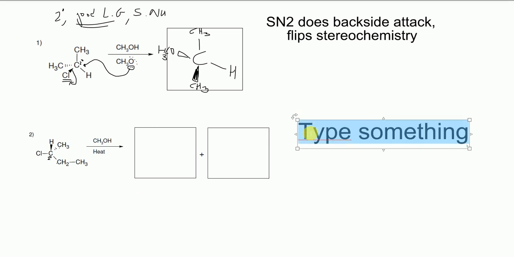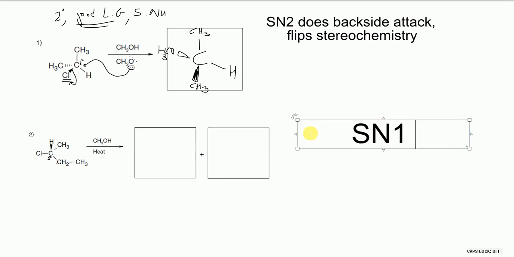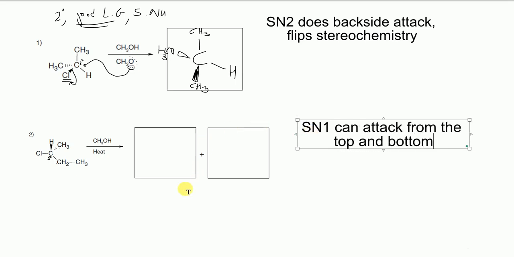SN1 can attack from the top and bottom, okay? And what that means is once we form our carbocation, so we said this is an SN1, I have a weak nucleophile, I have heat, which helps promote a reaction, right?